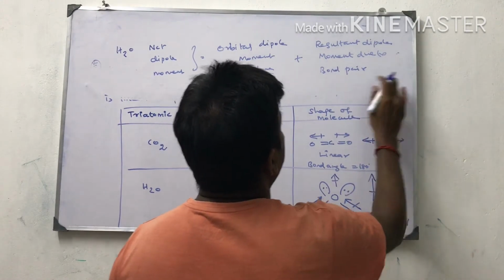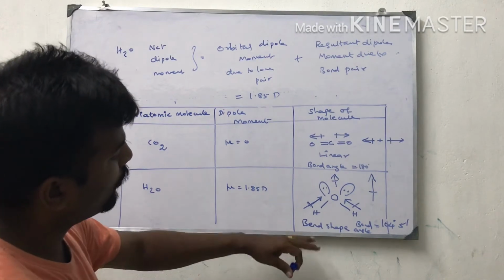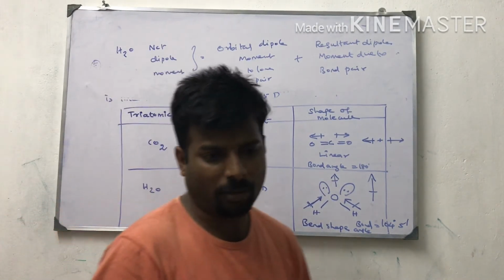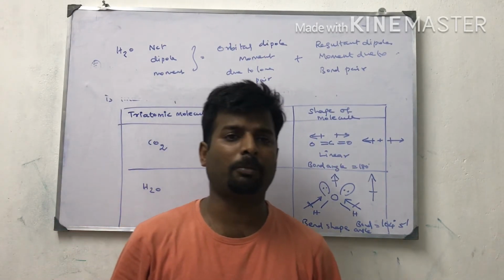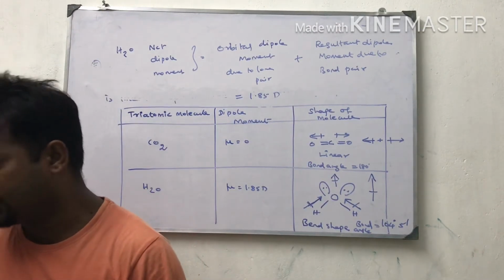The sum of these two gives 1.85 D, since all are moving in the same direction. So the net dipole moment is the vector sum of the orbital dipole moment and the resultant dipole moment. This is the answer for this question. Now we are going to move to the next question.